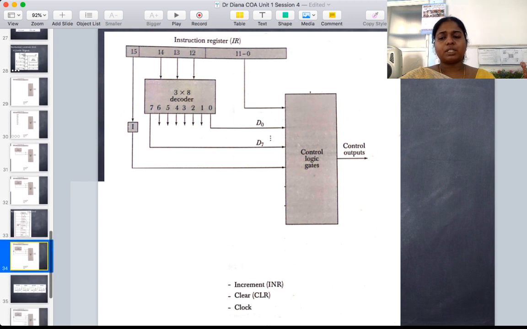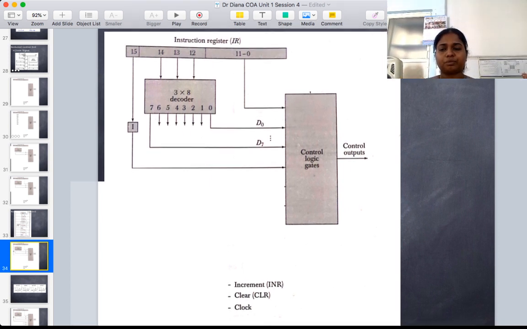So the control inputs, as far as we have seen now, are the 8 control signals generated from the 3 bits of the instruction code, which is D0 to D7, and then all the 11 bits of the instruction register are given as inputs, and the addressing mode bit I is also given as input.